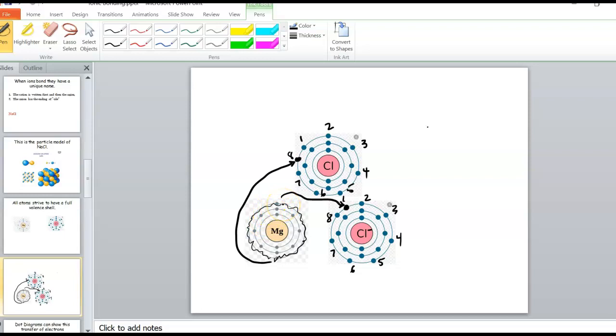Now, all 3 of these are now ions, and they have reached that noble gas configuration. Because magnesium lost 2 electrons and chlorine gained 1, we make sure to show those charges.